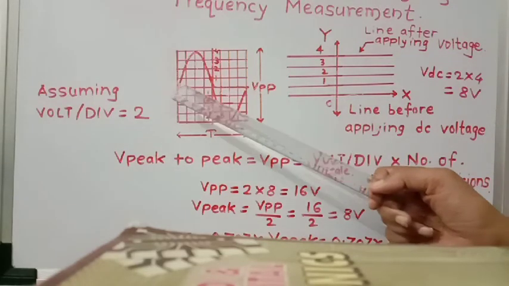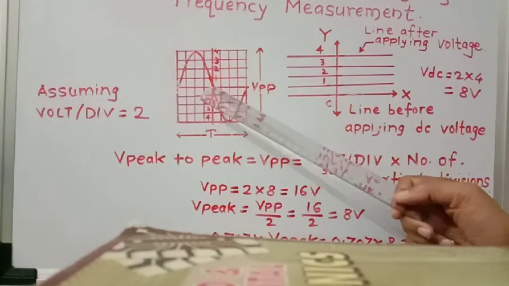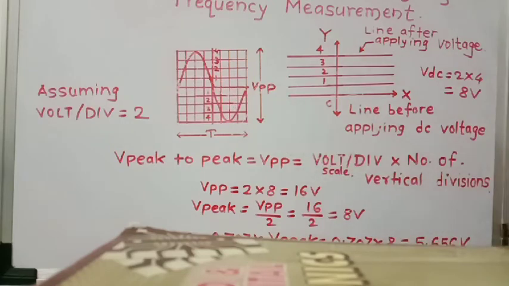See here, 1, 2, 3, 4, 5, 6, 7 and 8. So there are a total of 8 divisions on the x-axis.